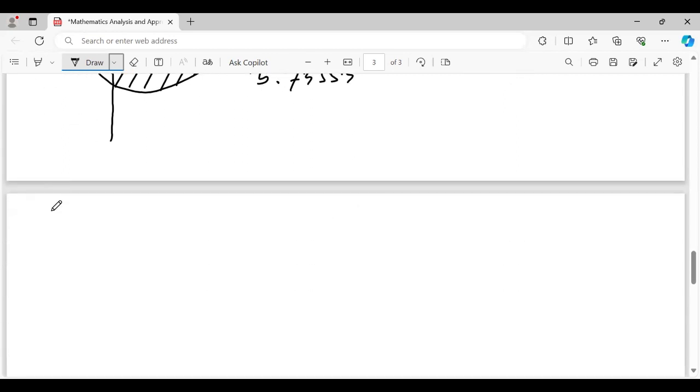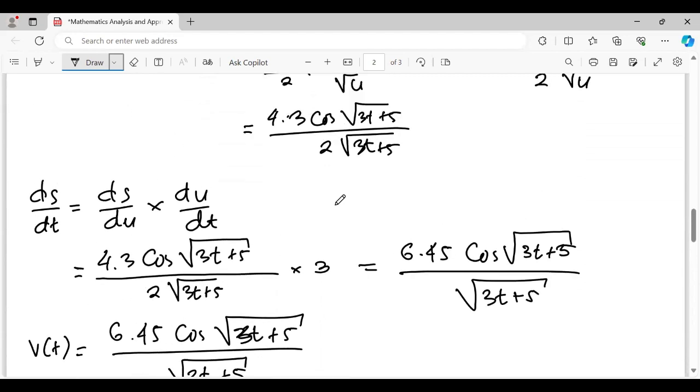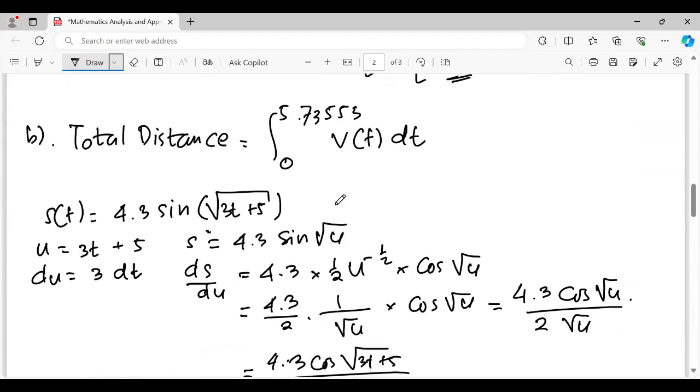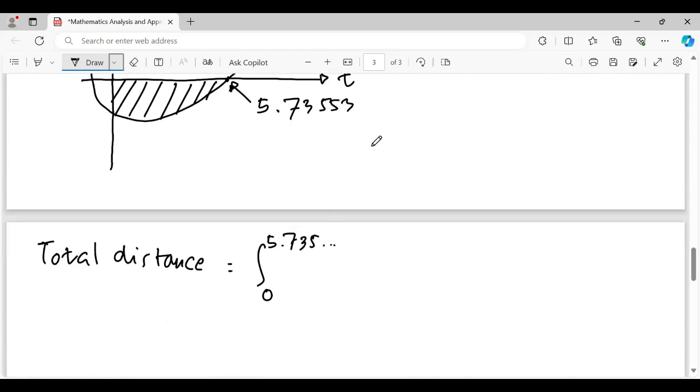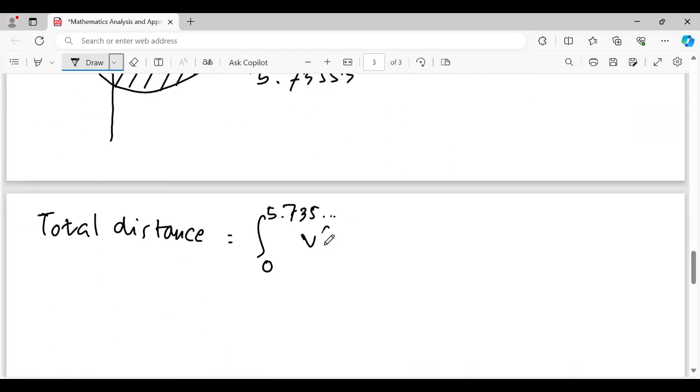So total distance equals the integral from 0 to 5.73553 of the velocity, dt.